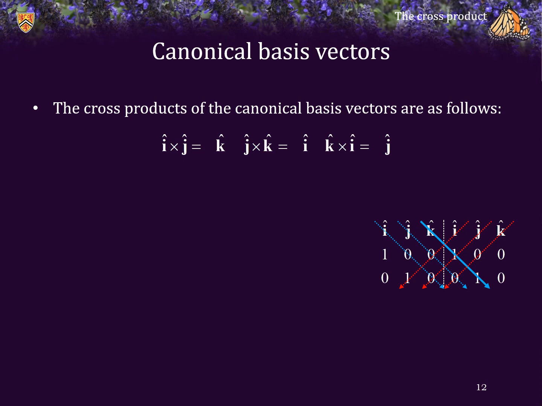So 1, 0, 0 appears twice in the second row, and 0, 1, 0, j appears twice in the third row. To calculate the cross product of i and j, we then observe that one and only one of the 6 products contains 2 1s and no 0s. And that is k times 1 times 1. So the cross product of i and j is indeed k.